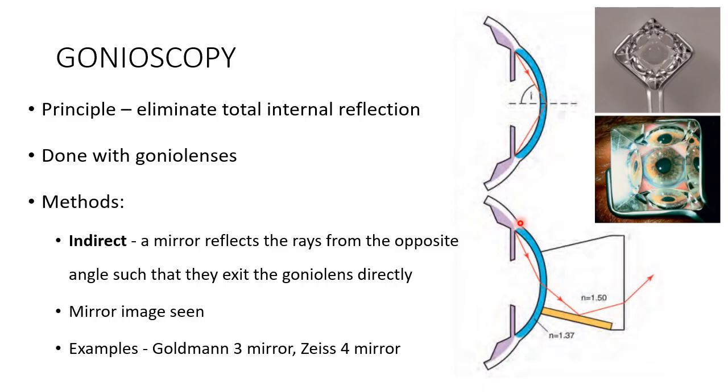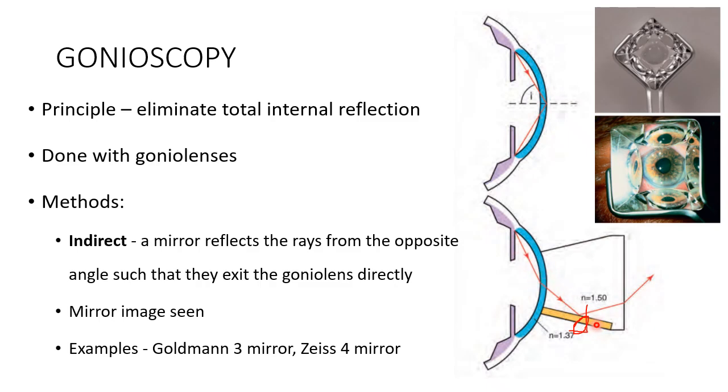Okay. Now, if the observer's eye is placed here, at this region, it becomes direct gonioscopy. Why? Because the light rays coming from this angle are reaching your eye directly.